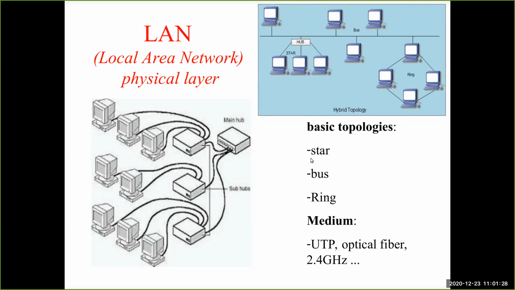So here you have the basic topologies. So we have star or tree-like topology. We have bus topology. So in this topology, the devices are not connected to hub or switch, but they are connected to a single lane. We have ring topology.